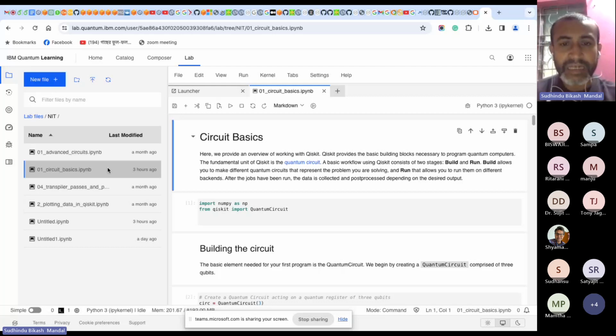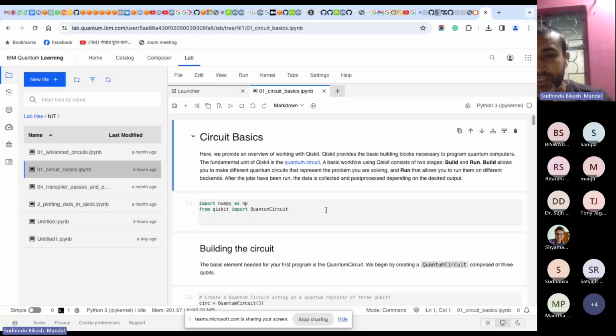You'll be directed, and then you will get an IPYNB file, a Jupyter notebook. And see, in Qiskit you can design a quantum circuit. Quantum circuit has two components. Quantum circuit is a class in the Python library of Qiskit.